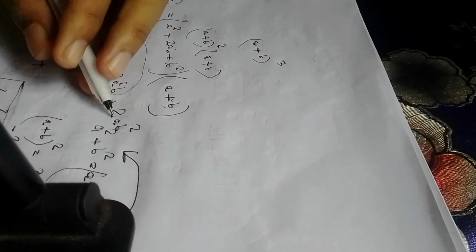To get the other term you have to draw another 1 here. Sorry, I did it in a slightly complicated way. Anyway, you should also get 3a b square. I hope this is not confusing for you.